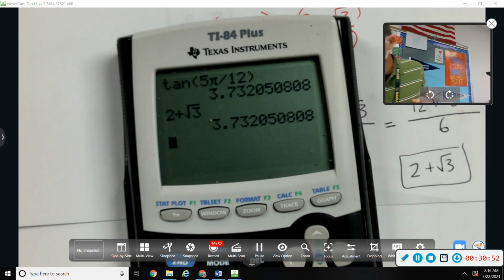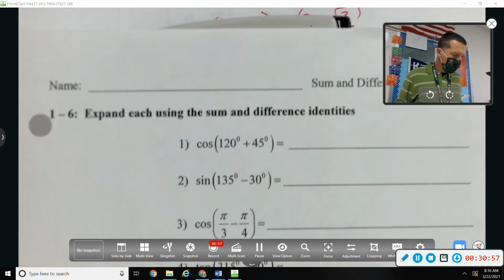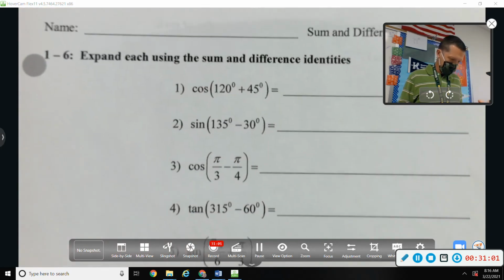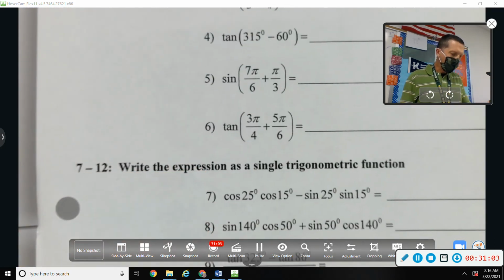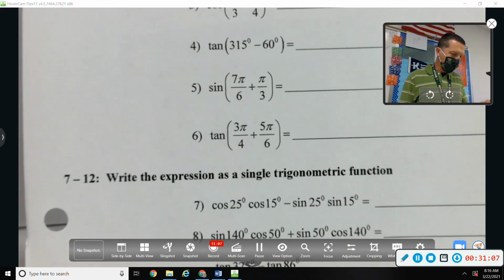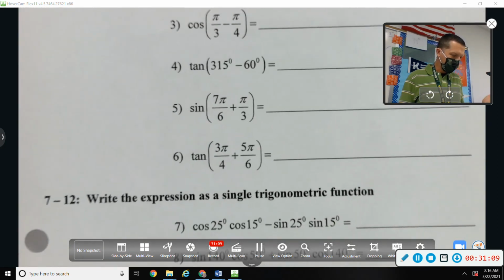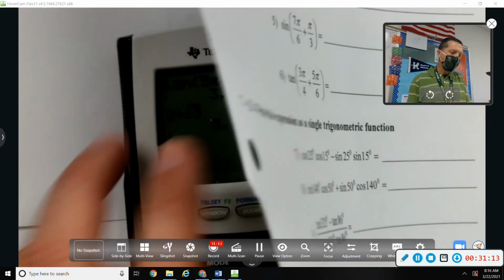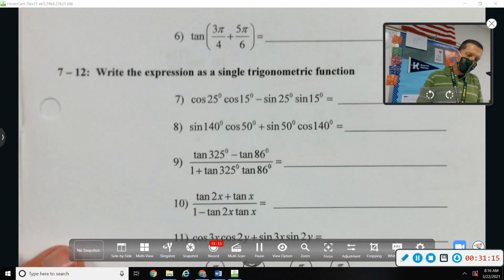All right, today's assignment is that worksheet 1. So 1 through 6, they already have it split up for you. 7 through 12, you're kind of going backwards. So 7 through 12 is more about recognizing what's going on there.